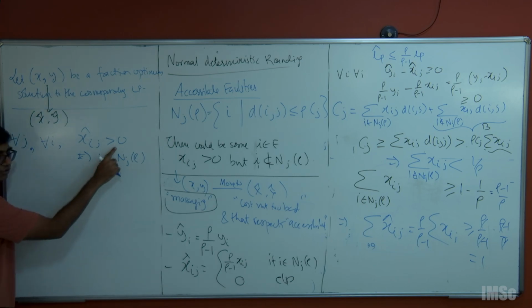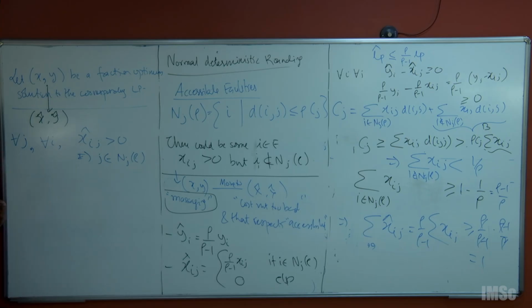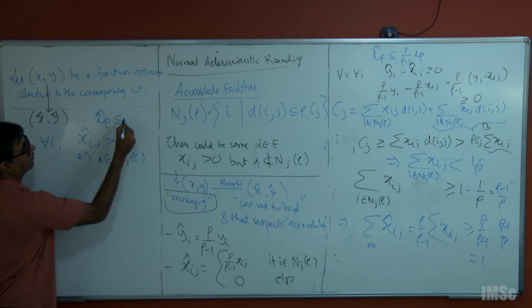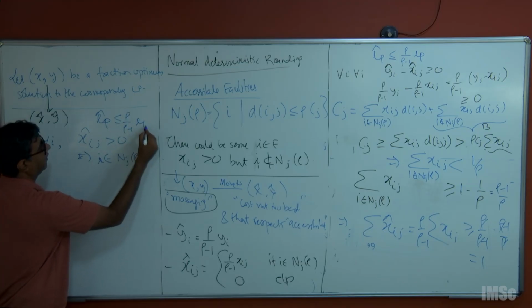If it is greater than 0, then this is definitely true. And LP hat is less than or equal to rho by rho minus LP.